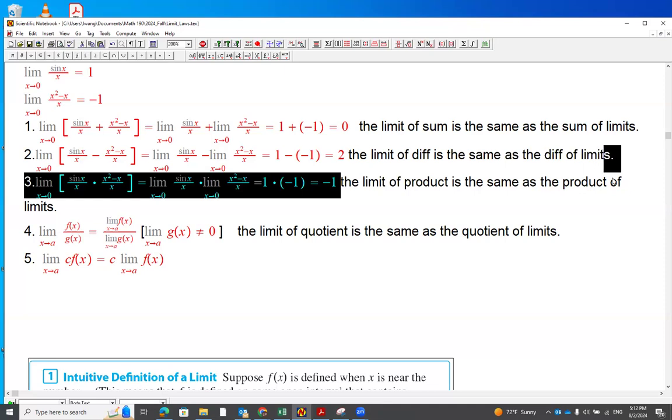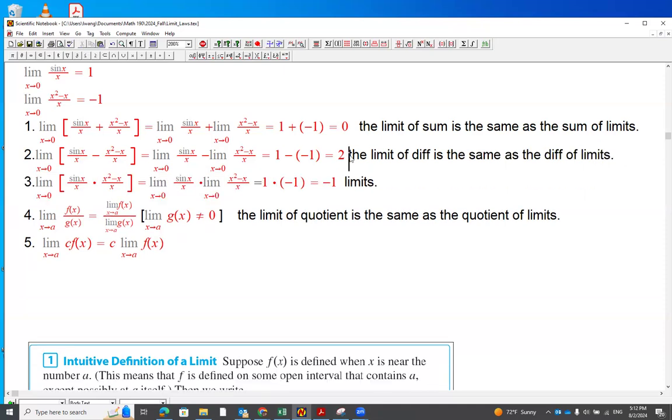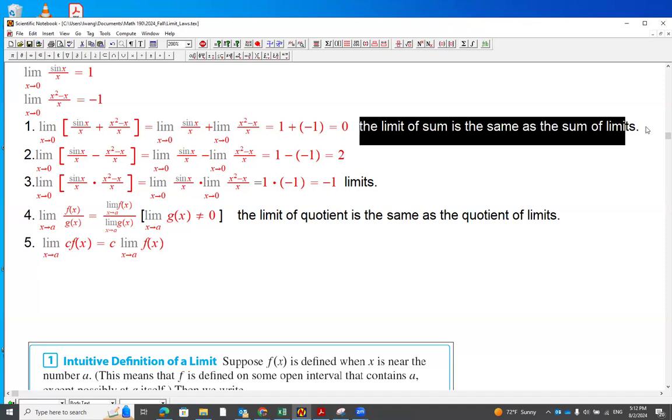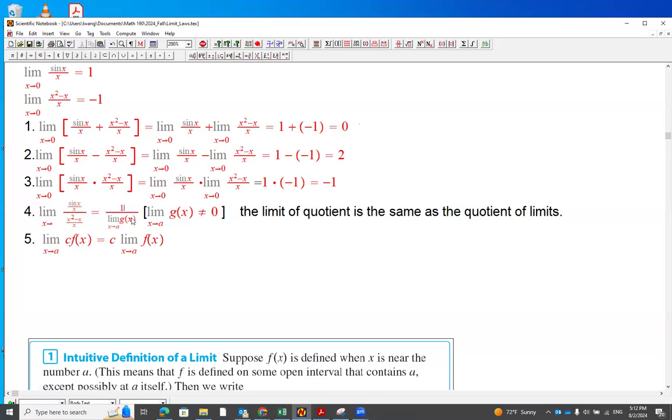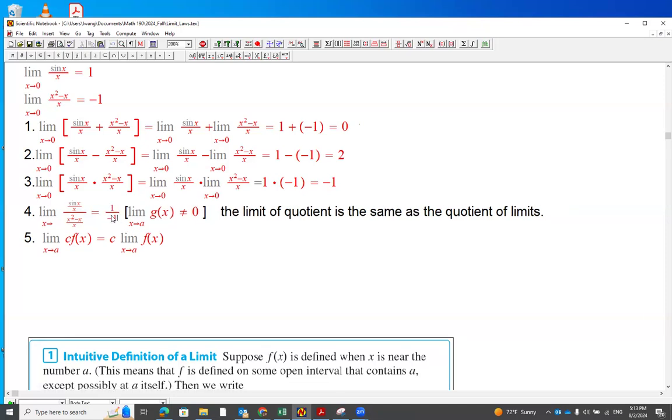Division. We can actually remove these accessories. You understand these wordings. Division, when x is approaching 0, sine x over x divided by x squared minus x, that's going to equal 1 over -1, and the answer is -1.